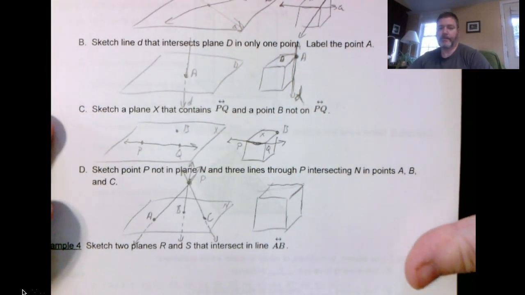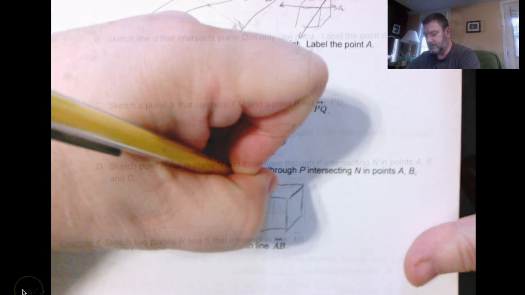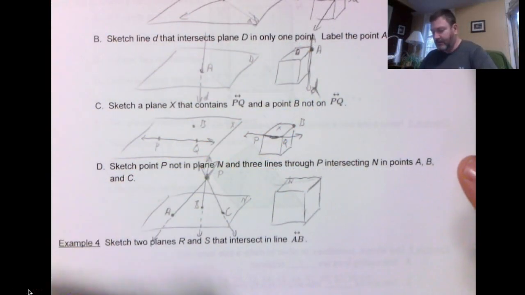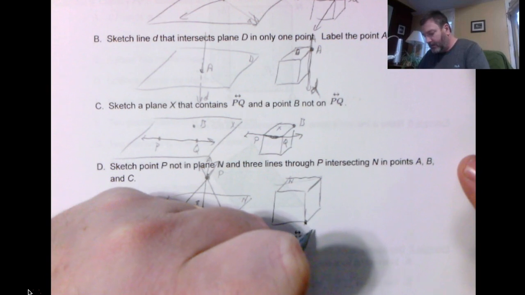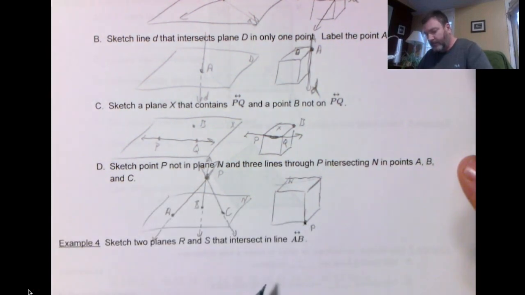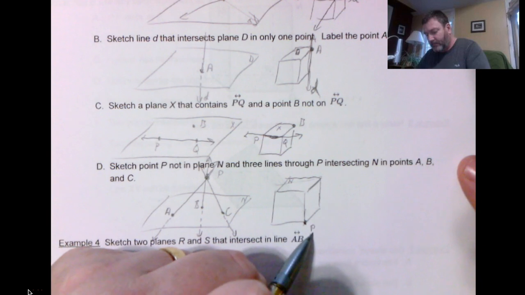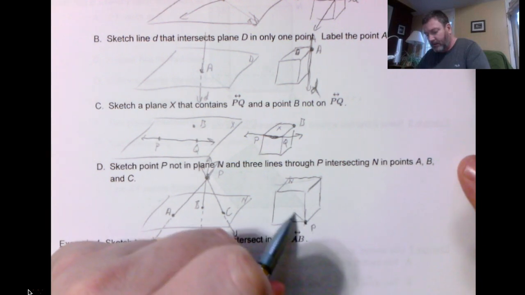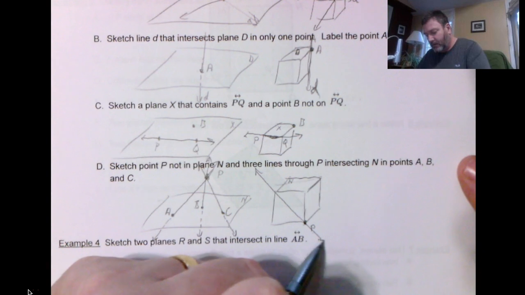Here's our cube. Let's make the top plane. So to do part D here with the cube, I'm going to call this point down here point P. Plane N is up here. I'm going to take a line through P up through here.